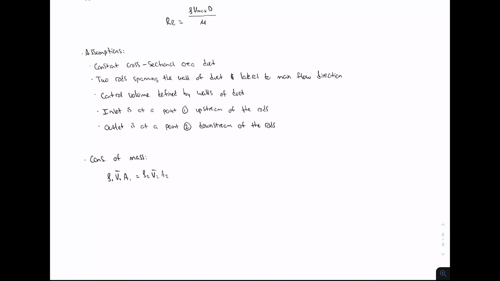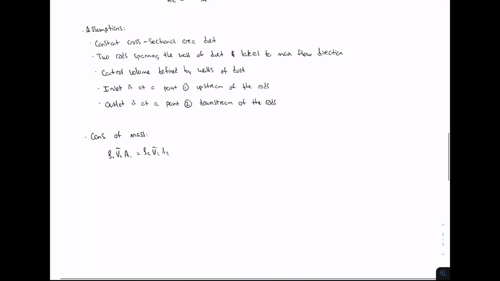Okay, so we have rho 1 V1 A1 equals rho 2 V2 A2, where the velocities are going to be an average velocity that we have. Now we're going to solve for V2. V2 is going to be equal to V1 multiplied by the ratio A1 divided by A2, and we took out rho because we're going to assume that the flow is incompressible.